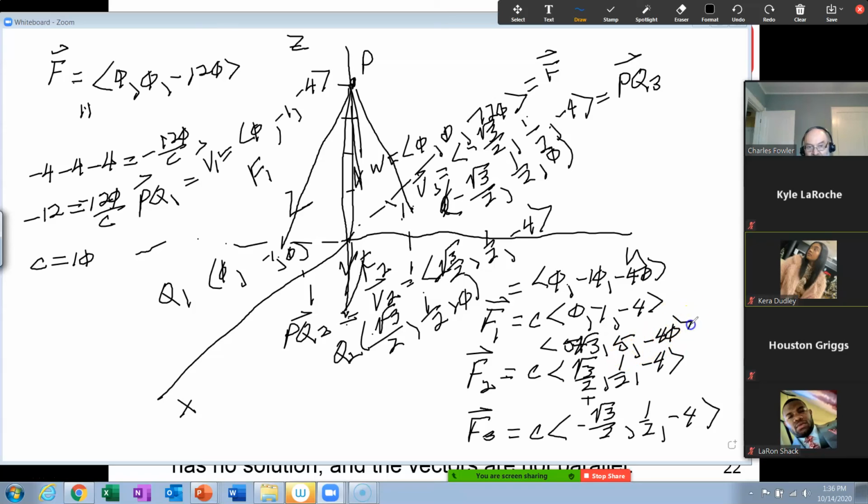Yeah. And this one would be, let me clean this up a little bit here. It's really crowded in here. I can't erase too much. I did erase too much.